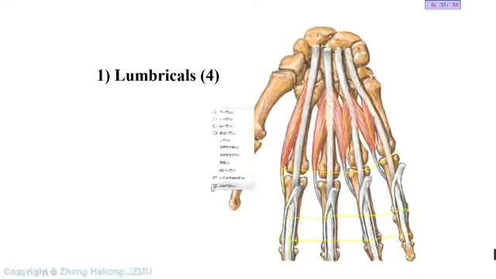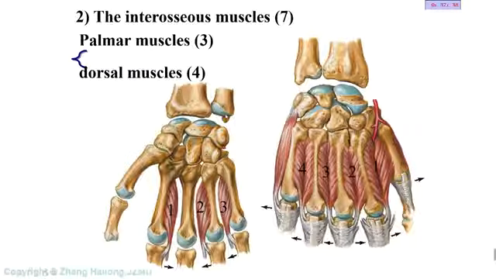Okay, it's very special. And the last one is the interosseous muscles. There are 3 palmar muscles. This is the palmar part, 1, 2, 3. And on the dorsal part, there are 1, 2, 3, 4 muscles. The palmar muscles make the fingers move medially toward the middle finger, making them close.